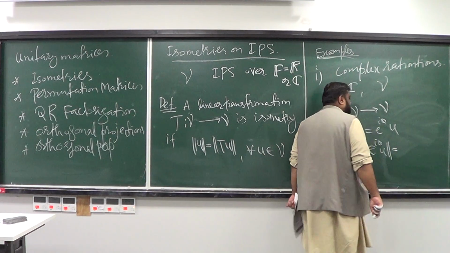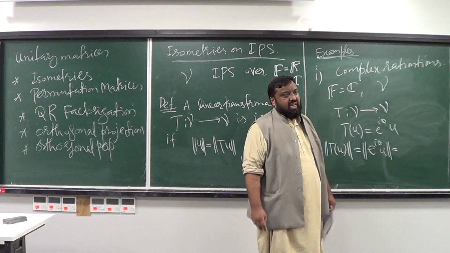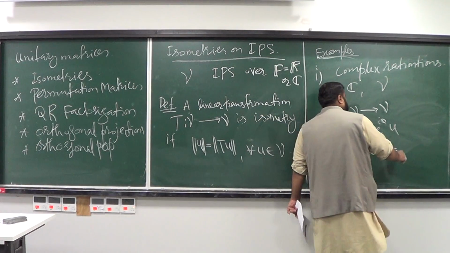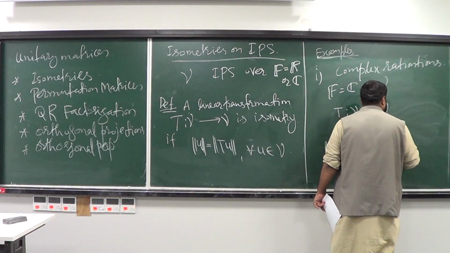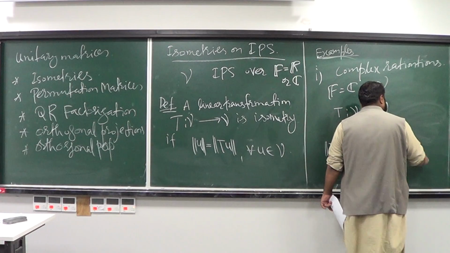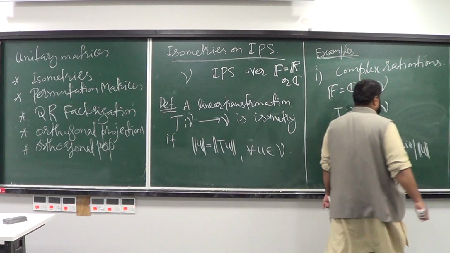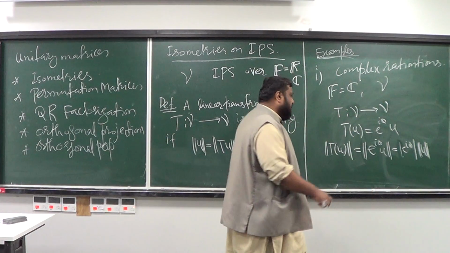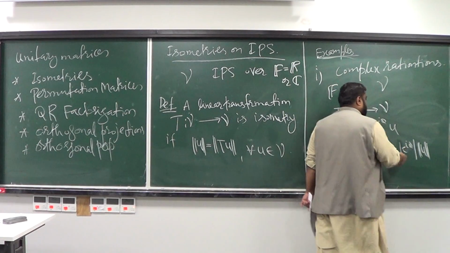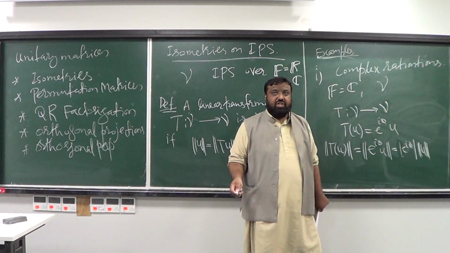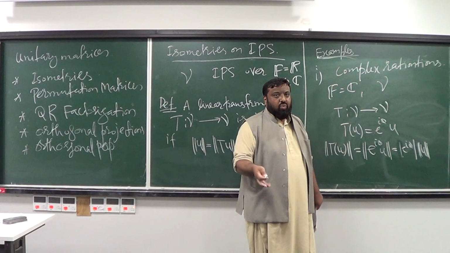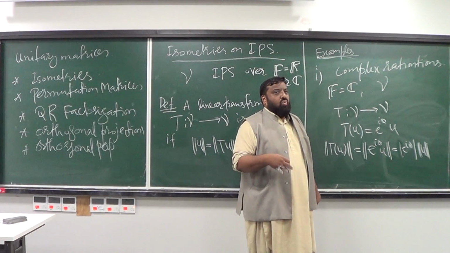E to the iota theta is like a number actually, so you can pull it out and you're going to get the magnitude of e to the iota theta times the norm of u. We know that the magnitude of e to the iota theta is equal to 1. Why is it 1?